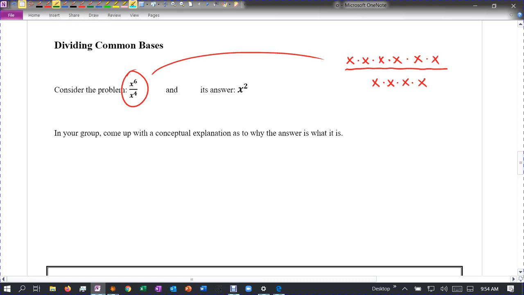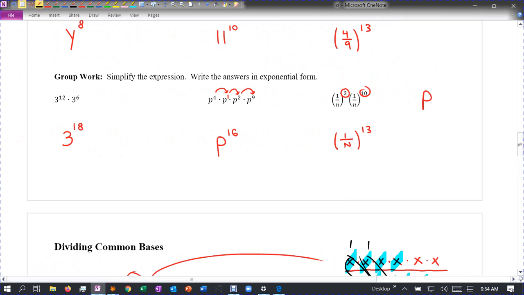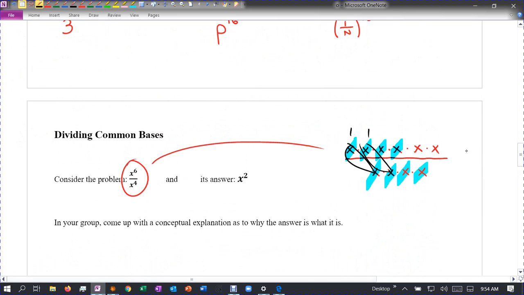So this x and this x go away, this x and this x go away, this x and this x go away, this x and this x go away. Those all turn into 1s, right? Because x over x is 1, so all of those are 1. So at the end of all of that, all we're left with are these two x's right here, which is just x squared.